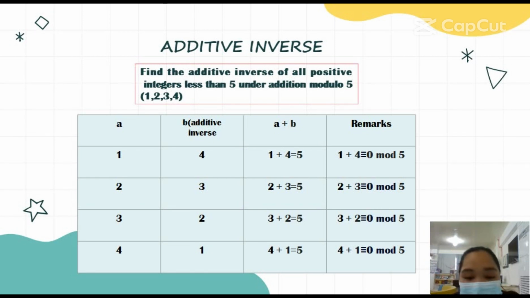So A plus B, in this case, 1 plus 4 is equal to 5. Then 2 plus 3 is equal to 5, and so on and so forth. So our remark is 1 plus 4 is congruent to 0 modulo 5.